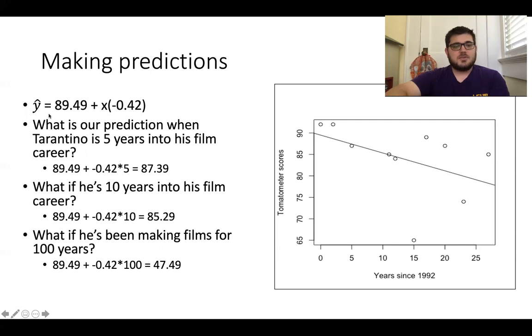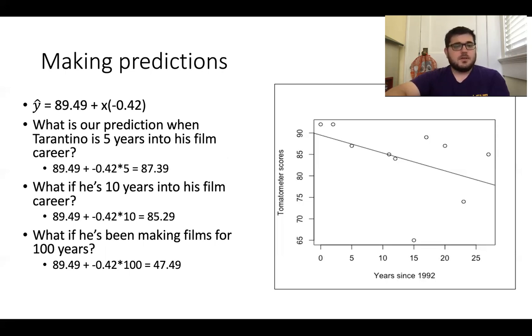It basically just means that when he first came out, he was already making movies that were pretty darn good. But for each year that comes out, each time X increases by 1, our predicted tomato meter score goes down by 0.42. It's a negative slope. We're decreasing our predicted tomato meter scores by 0.42 tomato meter points each year.